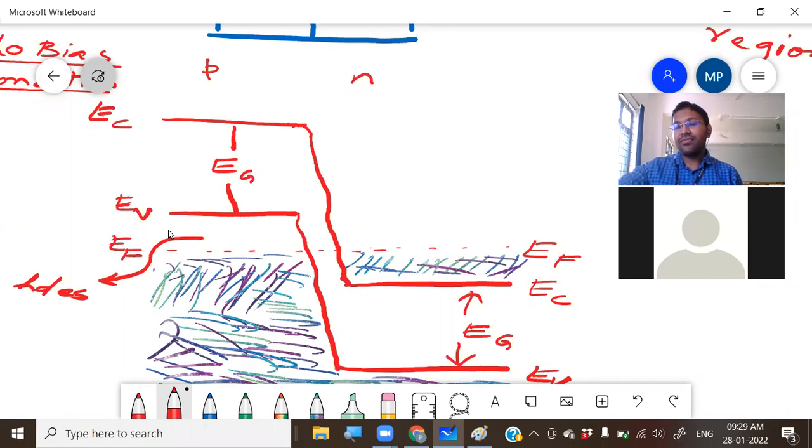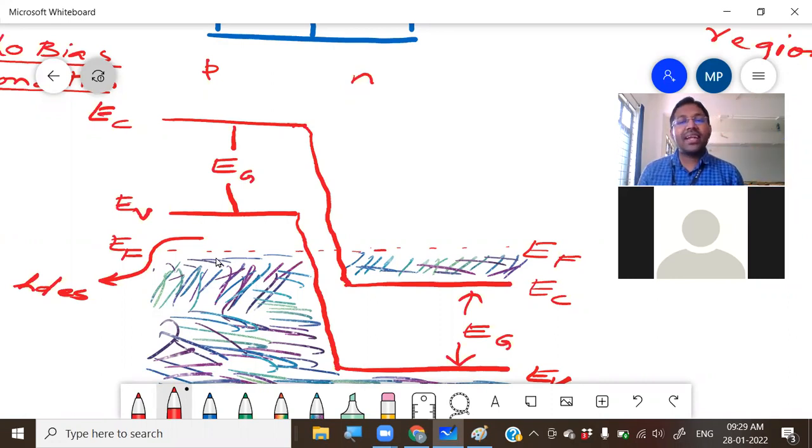First the first orbital, once it completes, then only you go for the second. Lowest energy is occupied first. After 1s, then only you go for 2s. So obviously the vacancies will be at a higher level compared to the electrons.